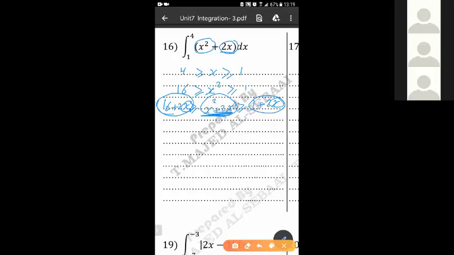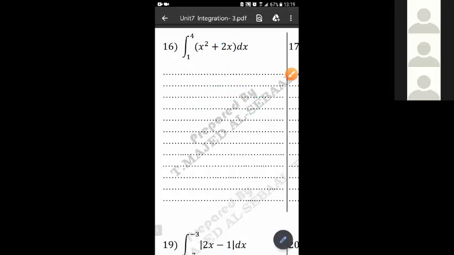So this method is wrong, totally wrong. So I will do another way. I will say that x squared plus 2x, I will add something and subtract something.